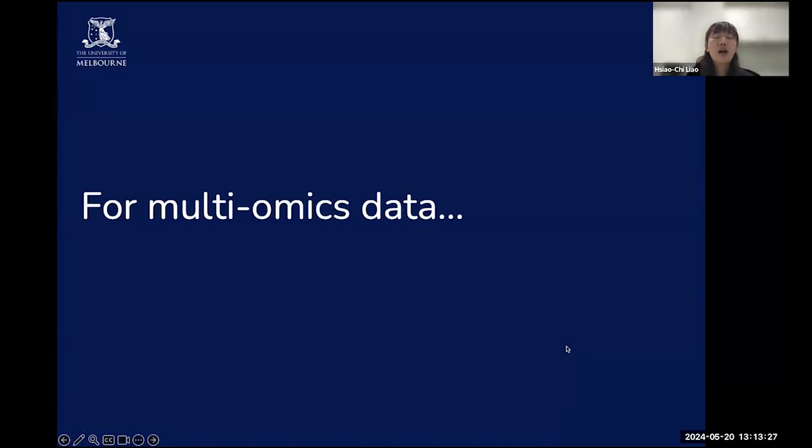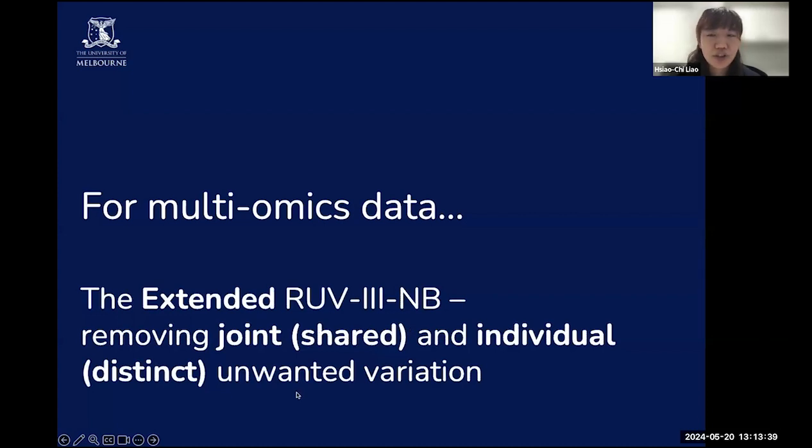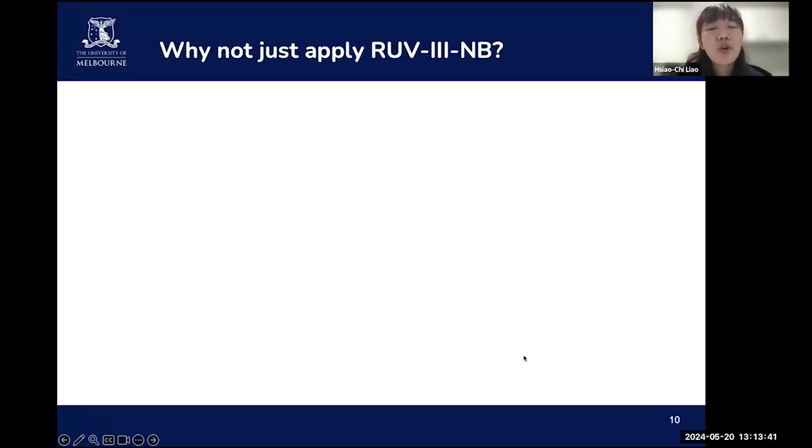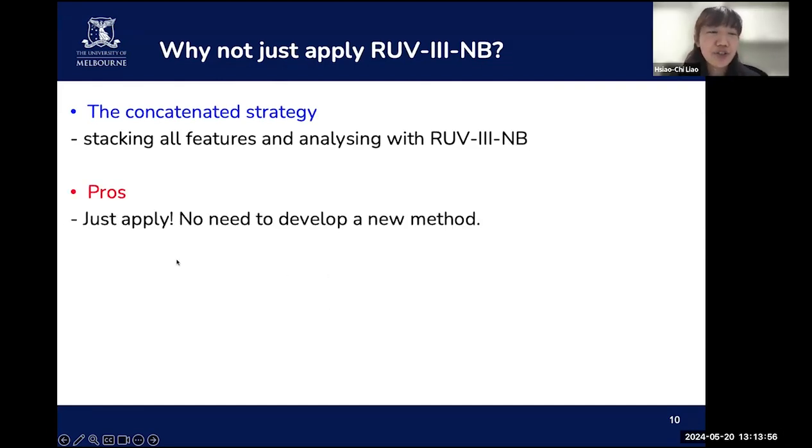So for the multi-omics data, we modify the current IUV3MB structure that I mentioned in the previous slide to accommodate the shared and distinct unwanted variation. But before I introduce the structure of the extended IUV3MB, here the question is, why don't we just apply IUV3MB directly by stacking all the features as input? The advantage of this is that we just need to apply the current IUV3MB model.